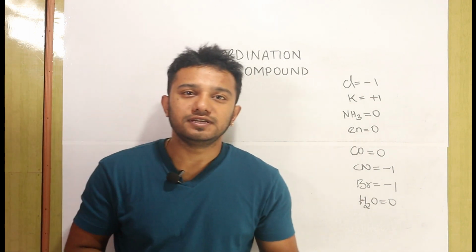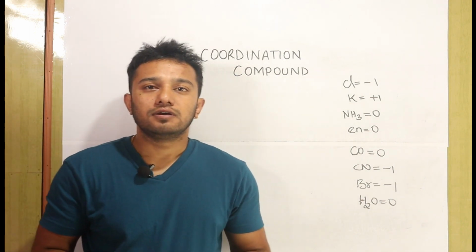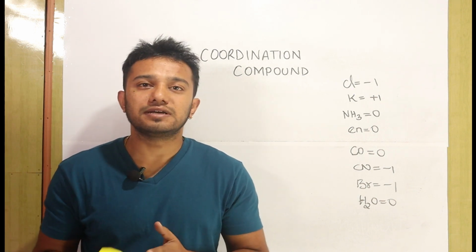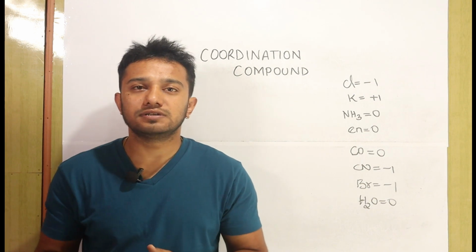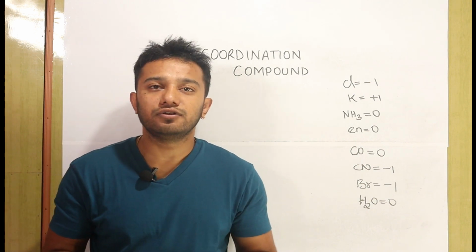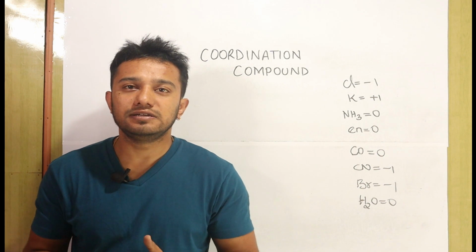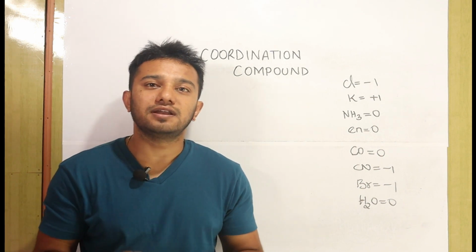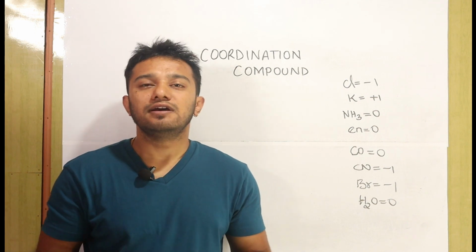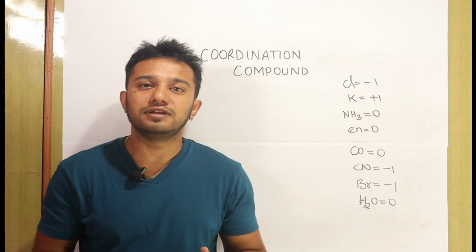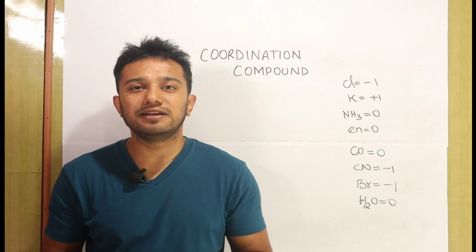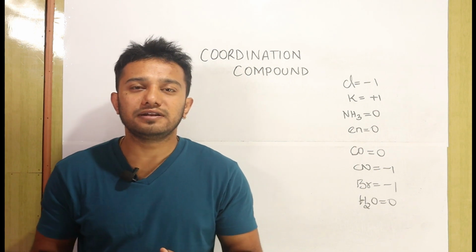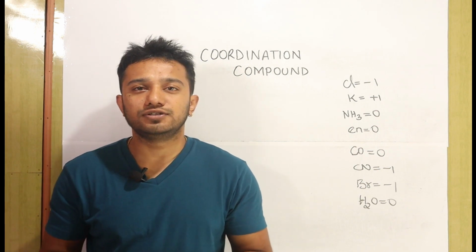So by this we finish part 1 of the coordination compound. In part 1 we have studied what is a coordination compound, what is a double salt. We have studied some terminologies such as coordination entity, ligand, different types of complex: cationic complex, anionic complex, neutral complex, different types of ligand: monodentate, bidentate or didentate, and polydentate, what are chelations, what are ambident ligands, and coordination number.